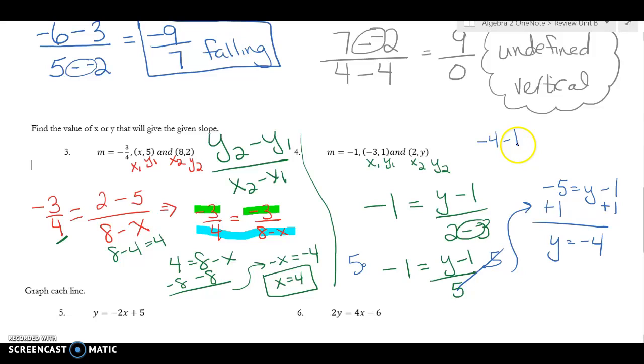Negative 4 minus 1 over 2 minus negative 3. Well, that's negative 5 over 5, which is negative 1. So we did it correct. Sometimes you have the basic problems where you plug in, and problems like 3 and 4 are more complicated because you have to solve and find what missing piece gives you that slope.